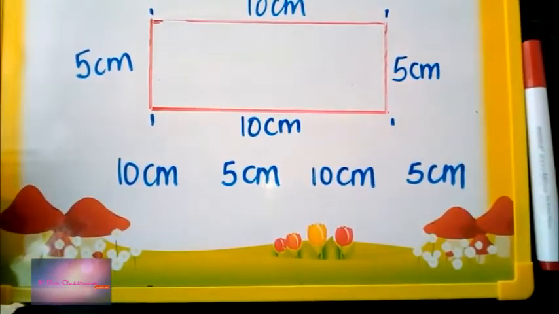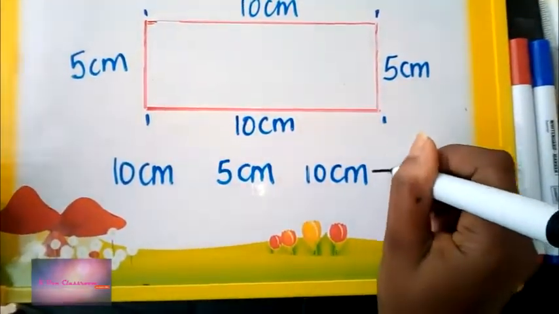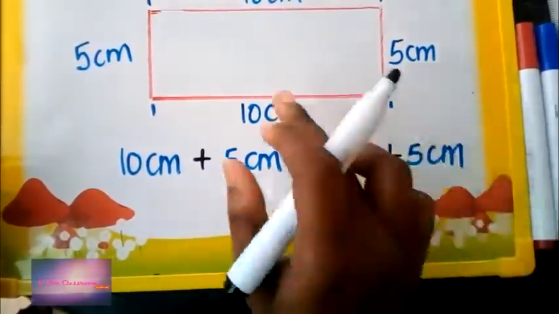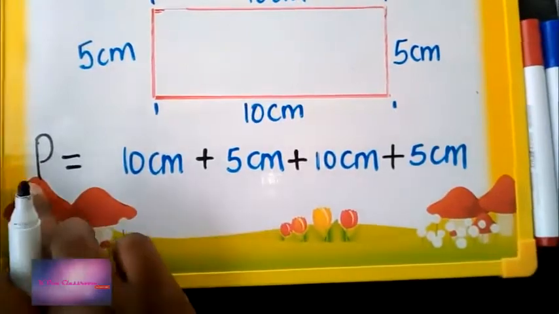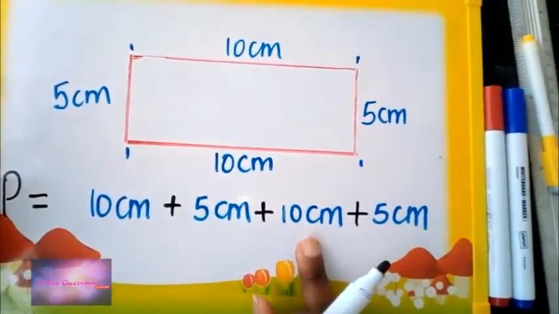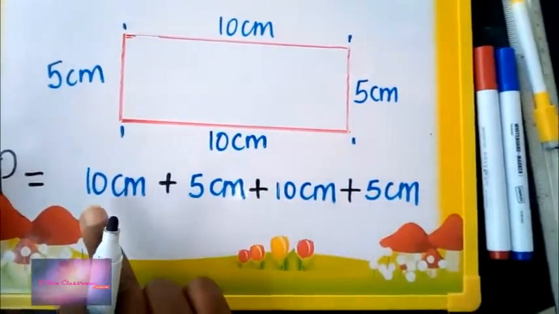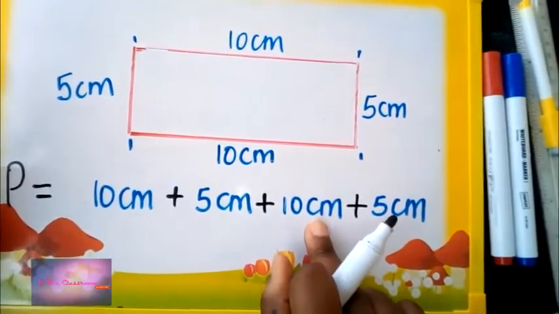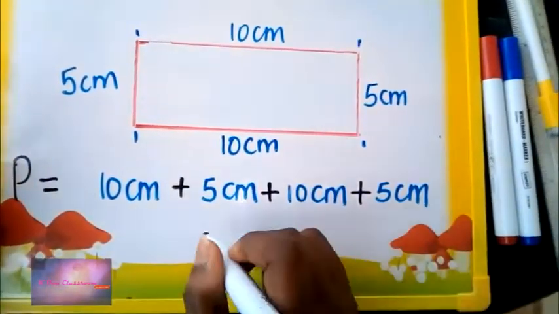Now, what is it that we do when we want to find the total of something? That's right, we must add them. So we are going to add all of this. I'm using P for short for perimeter. So perimeter equals 10 centimeters plus 5 centimeters plus 10 centimeters plus 5 centimeters. When I've added them, what will I get? 10 plus 5 is 15, and 15 plus 10 is 25, and 25 plus 5 is 30.